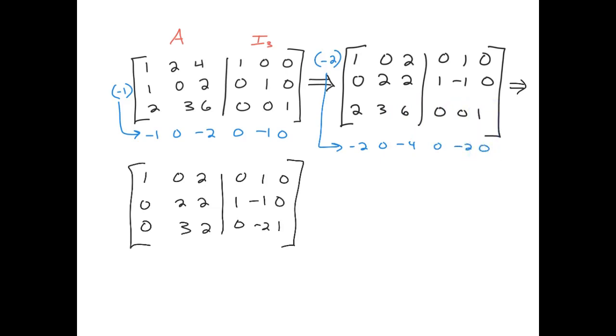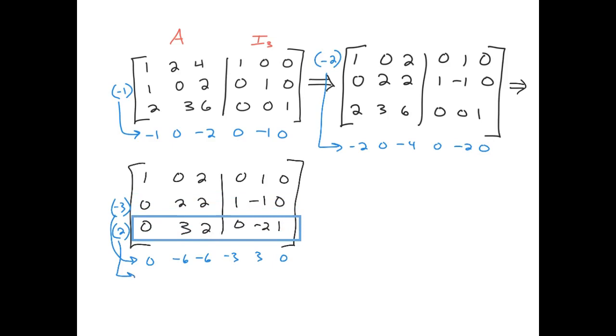Now to get rid of one of the entries here, either the 2 or 3, I'm going to have to double multiply. So I'm going to multiply this row by -3, and this row by 2, and then add those together. When I do that, I get 0, -6, -6, -3, +3, 0, and then for the second one, I get 0, 6, 4, 0, -4, 2.